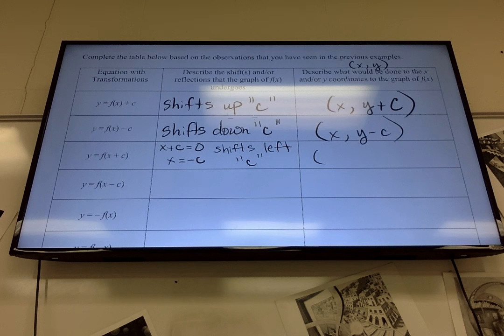So, Celia, how would that look on the point? Which one would be changing, the x or the y? X, because it's left, right? So that's x minus c, because it's going to the left, and y stays the same.